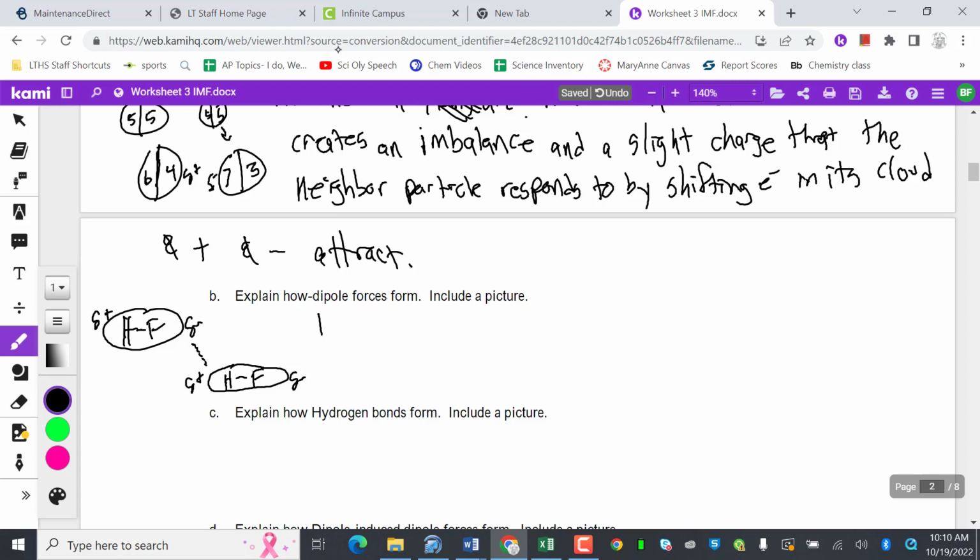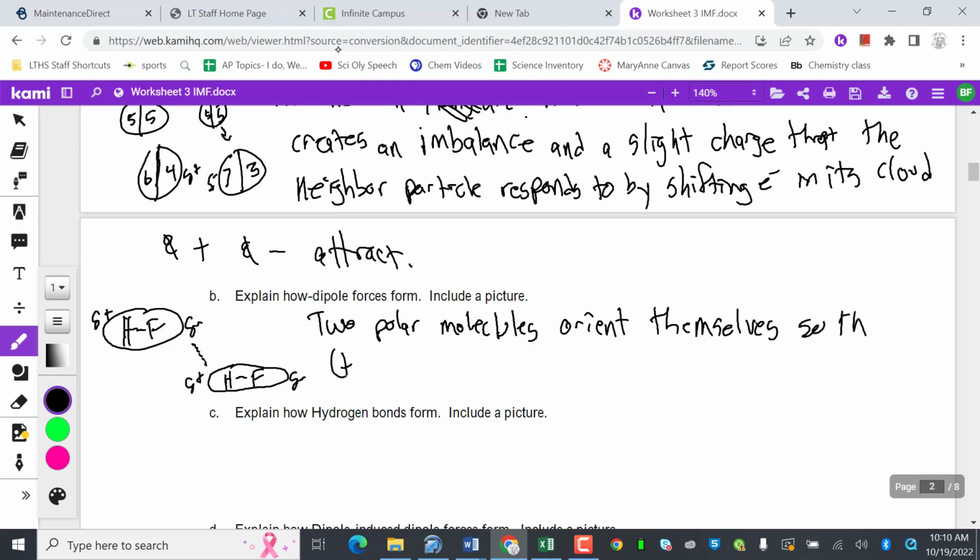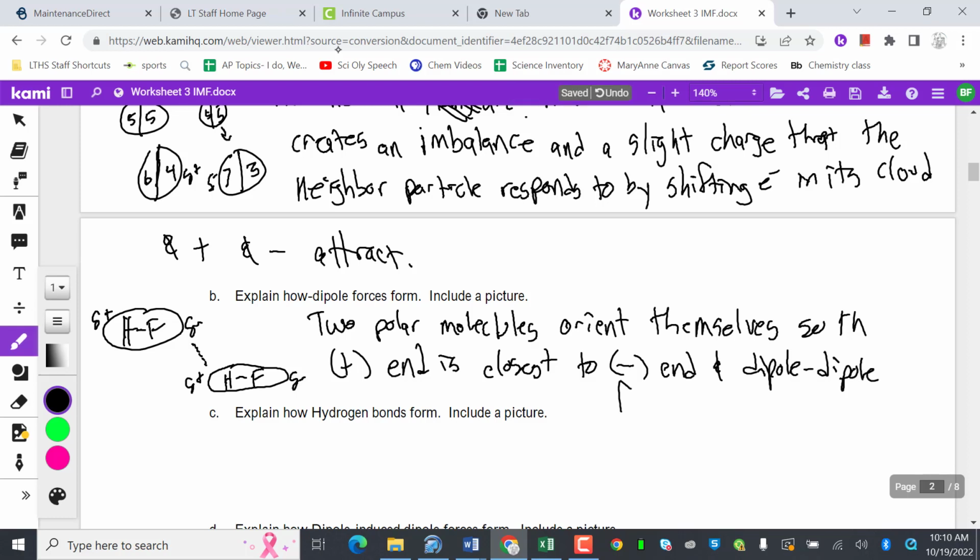So two polar molecules orient themselves so the positive end is closest to the negative end, and a dipole-dipole force forms.